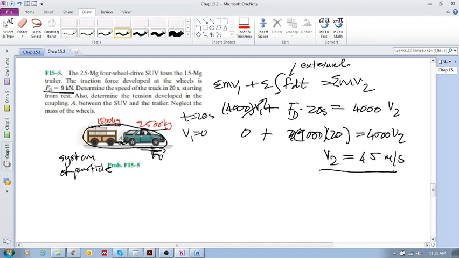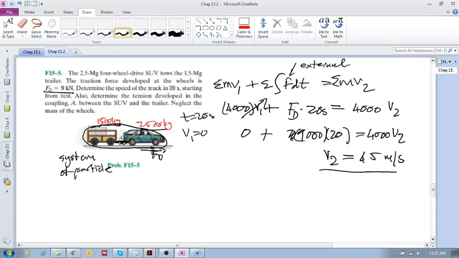Now, because this is a rigid link, the two masses, the two vehicles, move at the same speed, same acceleration, everything. So this entire system is moving at 45 meters per second, meaning the vehicle and the trailer are moving at the same speed because of this rigid link.